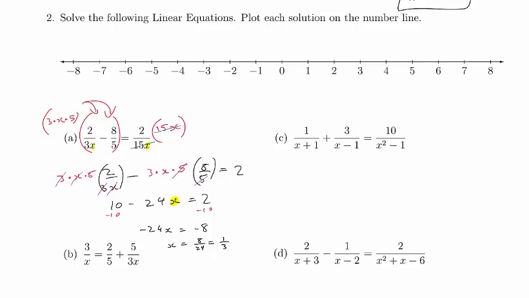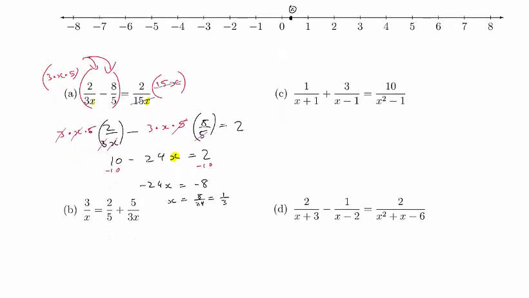And then we're going to plot this rational number right here. Okay, right there. Alright, so that's our number for A. We'll go ahead and write A right there so we know which one it went to. Let's go ahead and go to the next one.